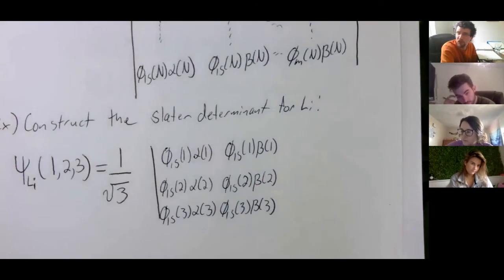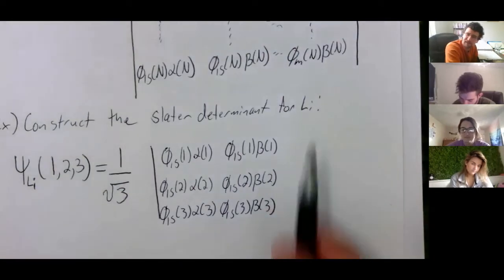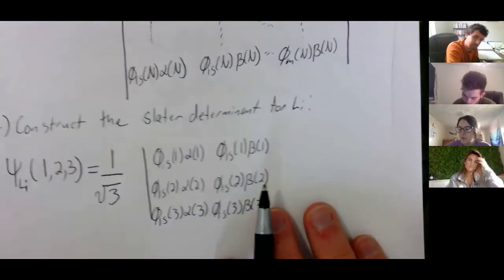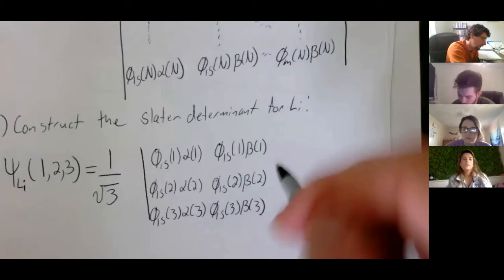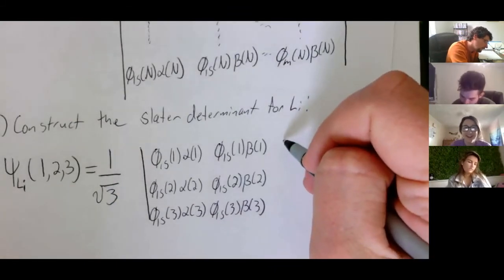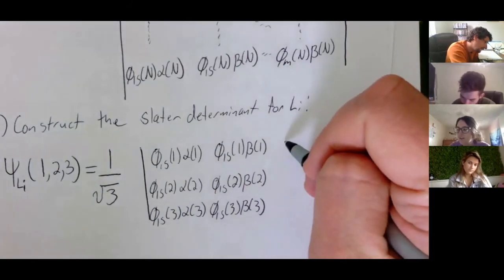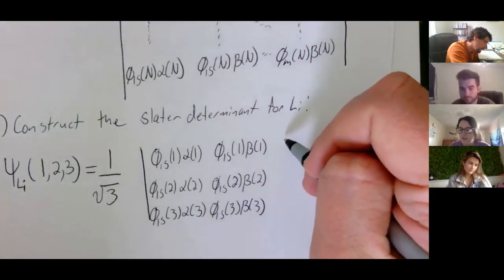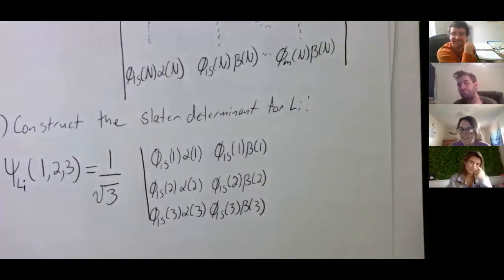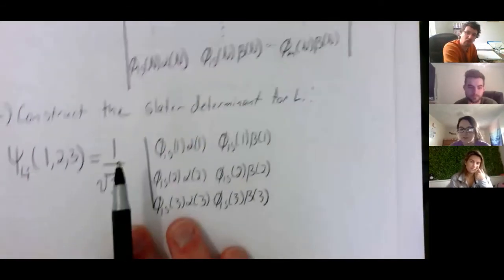But what size matrix do we need for a 3-electron system? 3 by 3. So we're missing that last column. That's unfortunate. Would it be a gamma? Nope, no gamma. Can we do shark fin? Nope, no shark fin. It's going to be 0 with the line through it.